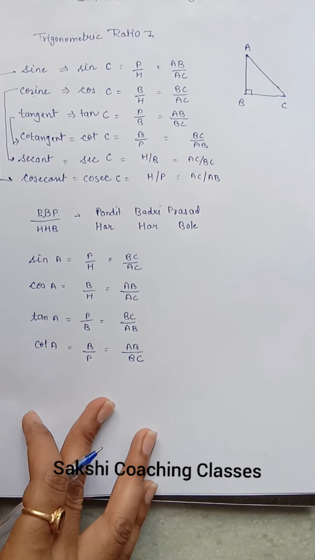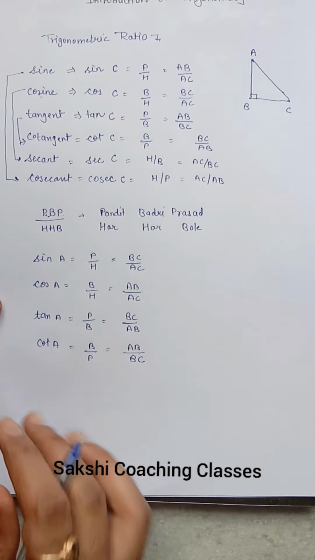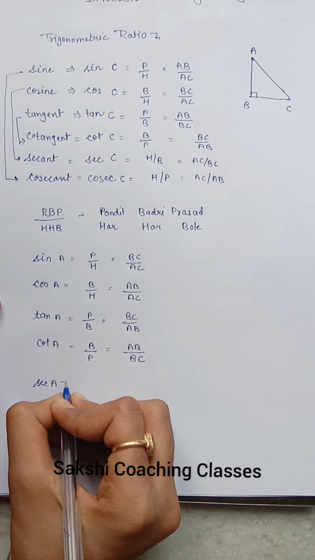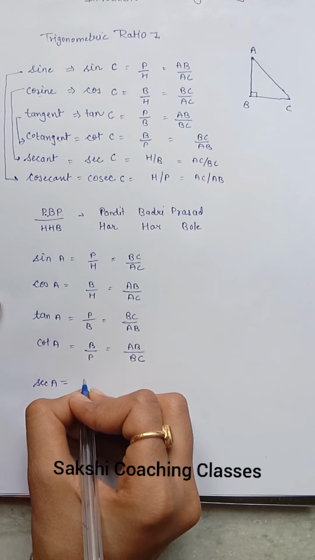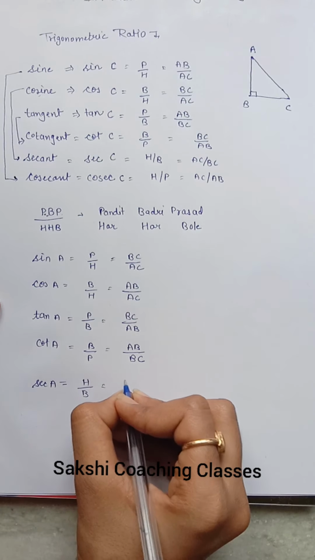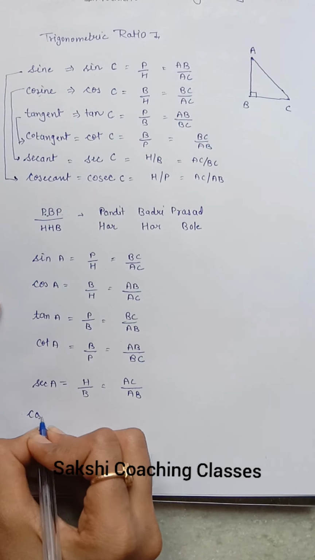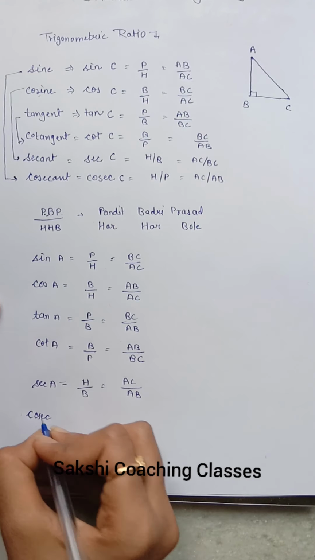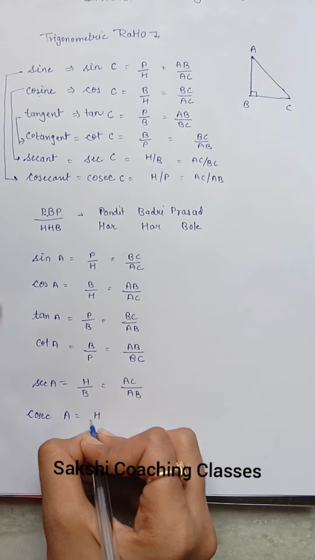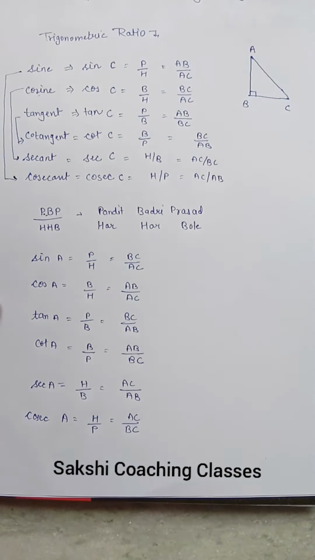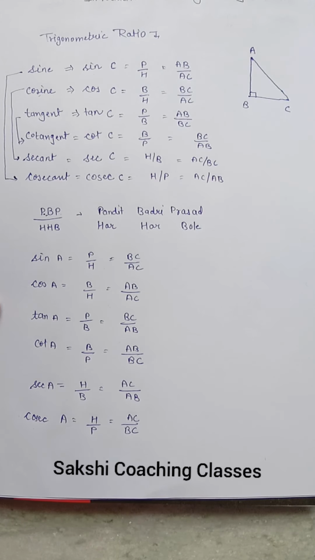Okay, next if we are talking about sec A, it will be equal to H upon B, and that is AC upon AB, and you can find cosec similarly, and that is H upon P, and that is AC upon BC. Okay, is it clear? Now we will come to example number 1.